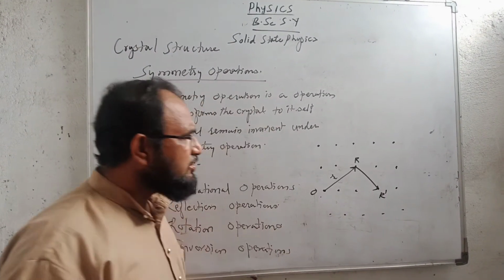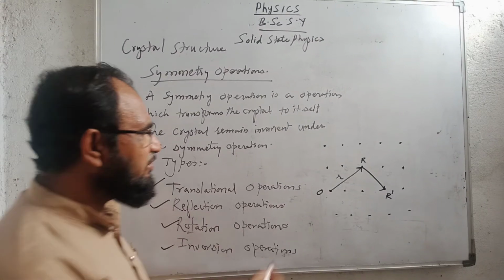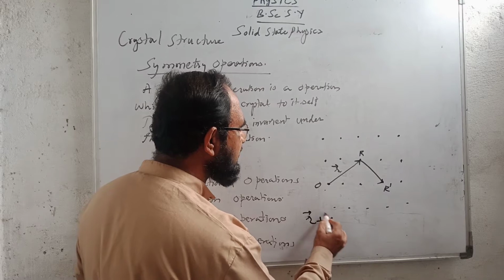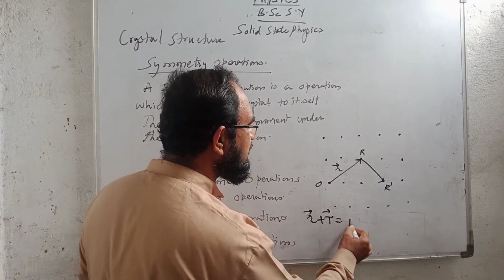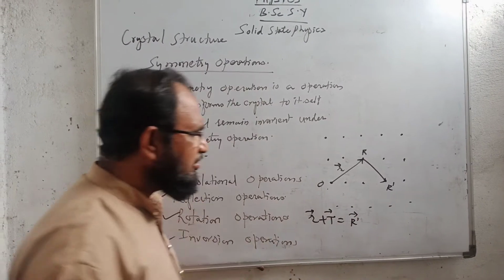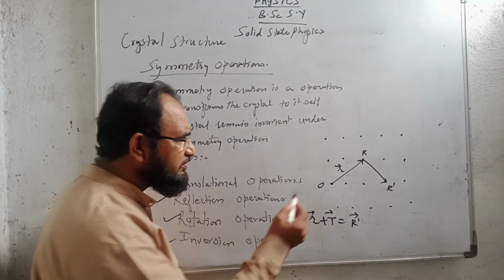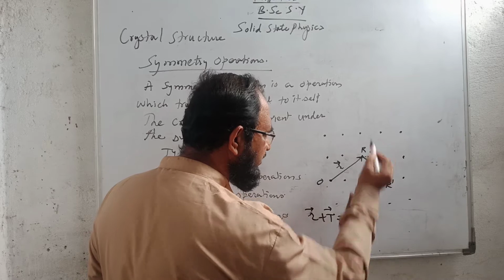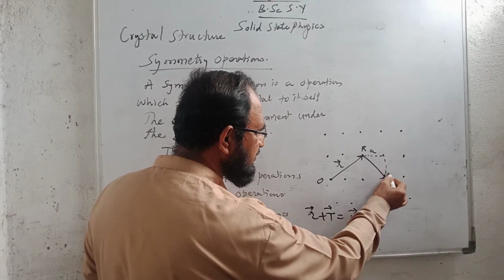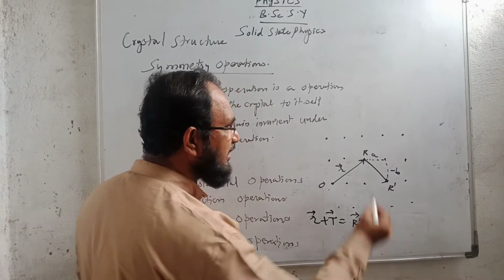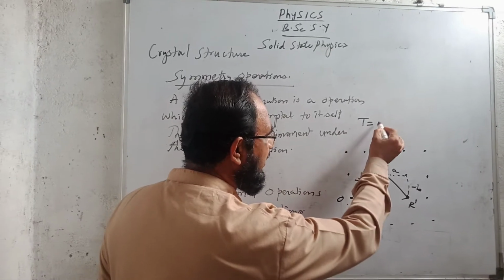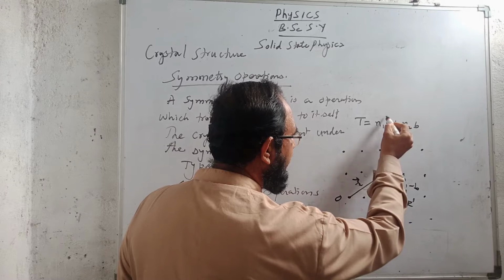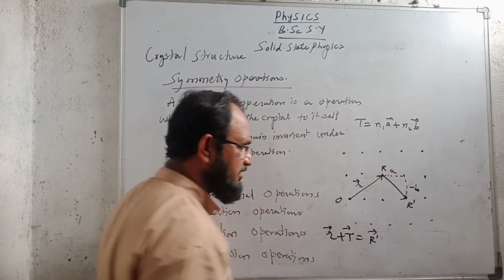For that purpose I will write the vector R plus T, the translation vector, should be equal to vector R dash. Here suppose it is the distance A, and here it is the distance minus B. So the translation vector can be written as n1A plus n2B, where A and B are the fundamental vectors.